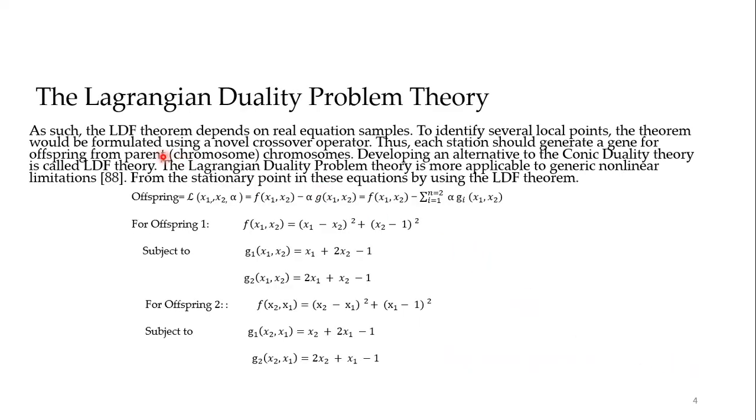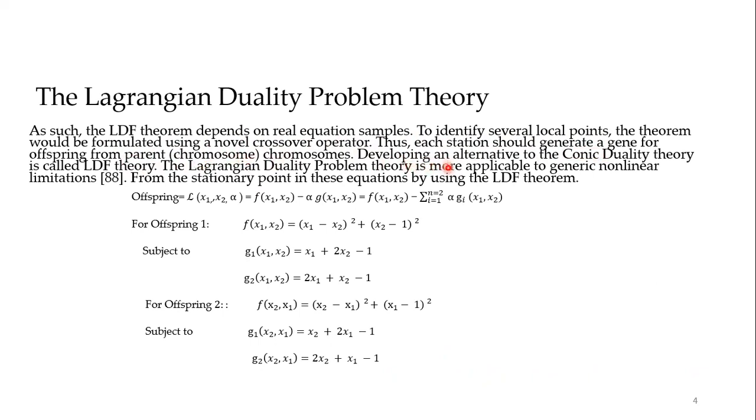Now, as such, the LDF theorem depends on real equation samples. So to identify several local points, the theorem would be formulated using a novel crossover operator. And thus each station should generate a gene for offspring from parent chromosomes.